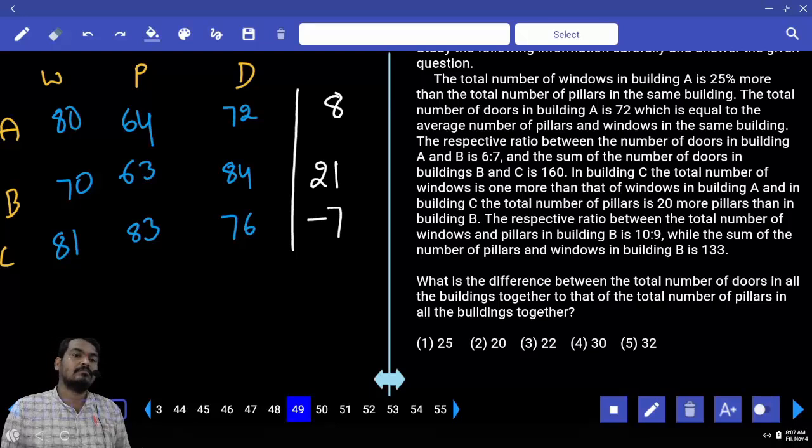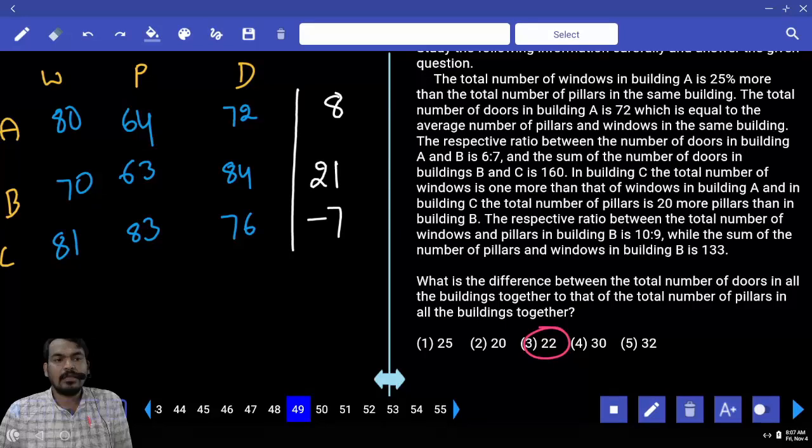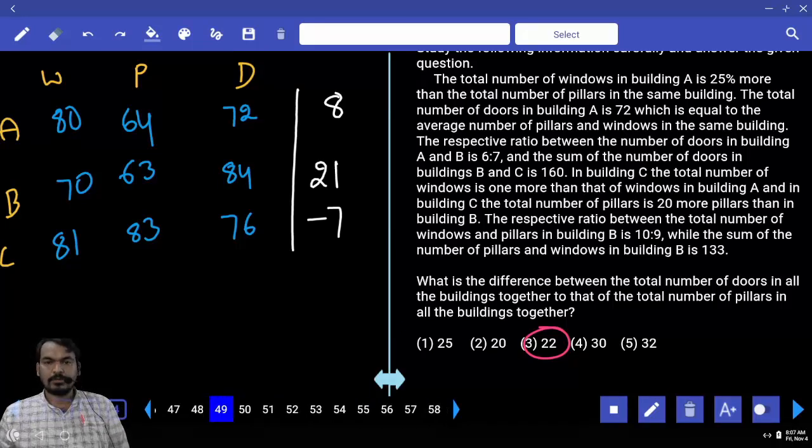Then the answer, 22, or not? Only building A difference is 8, but building B difference is 21. Building C difference is -7, or not? 8 minus 7, 1. 1 plus 21, 22. Individual differences are added and we get the overall difference, or not?